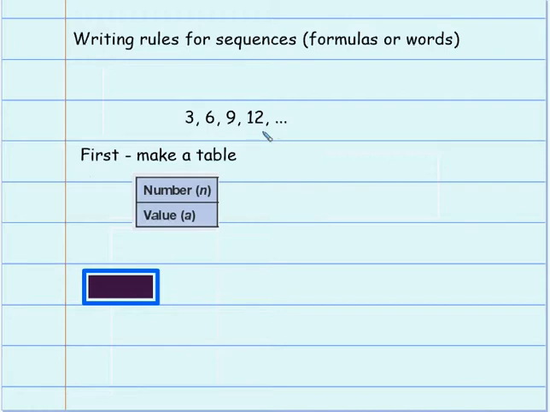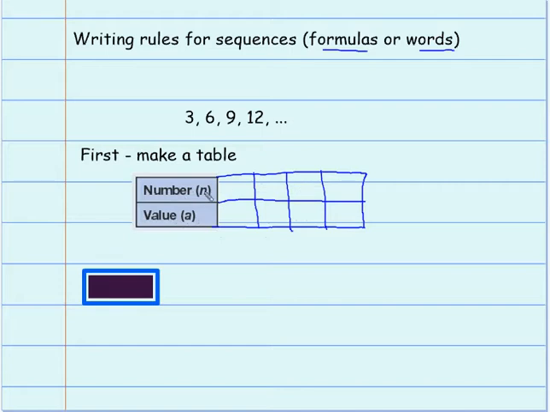Okay, so if we're writing rules for sequences, we can write rules using formulas or words. So here's a sequence, 3, 6, 9, 12, etc. And first you're going to make a table. We're going to have number represented by variable n and the value represented by variable a.